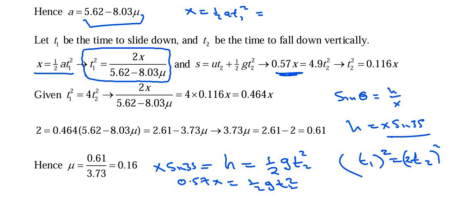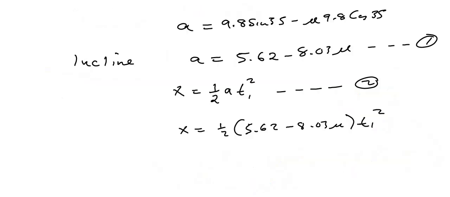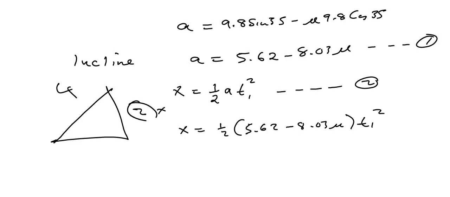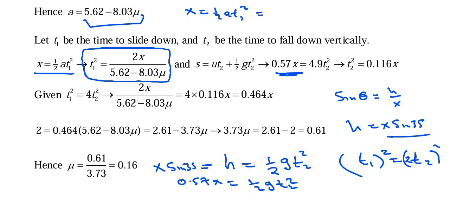We can use this because we said the time it takes for it to fall is t2. So here, if it's a 4, meaning here it's going to be a 2. How do we make these equal? By multiplying this by 2. That's what I'm doing here. So we're multiplying t2 by 2, so that when you square this, t1 squared is the same as 4 t2 squared. This is what you are seeing here, to say these two are equal.